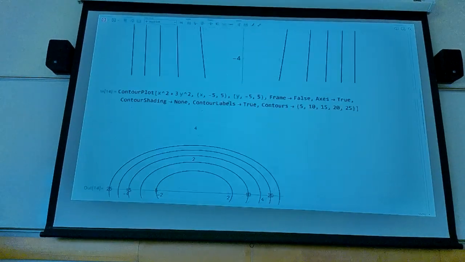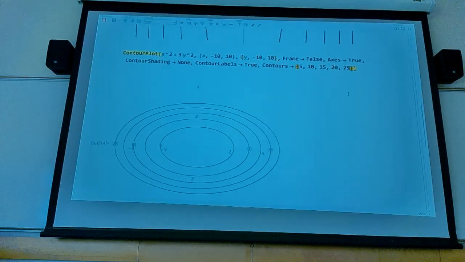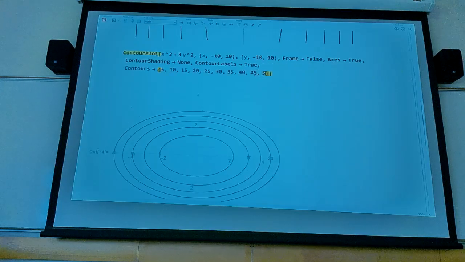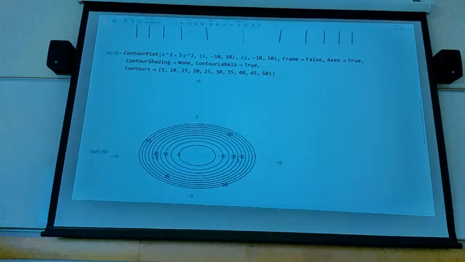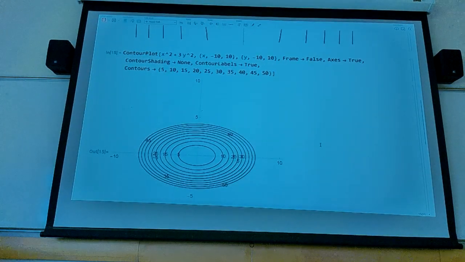Right now, what I could do is if I extend these out, go minus 10 to 10 instead. Let's keep going. Get a better idea of what's happening.